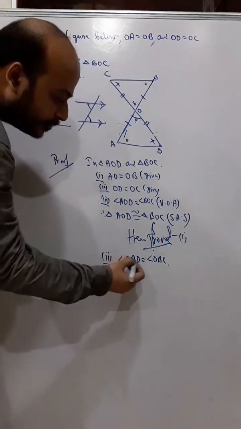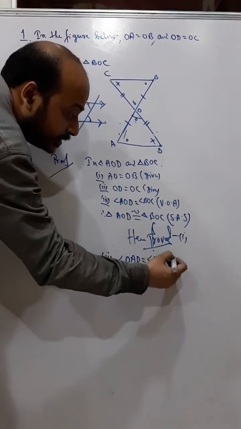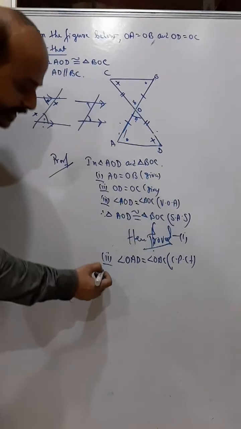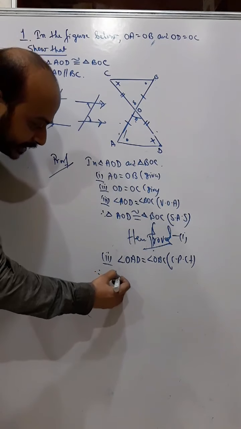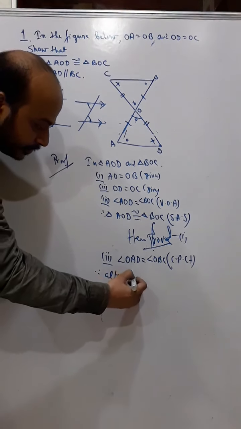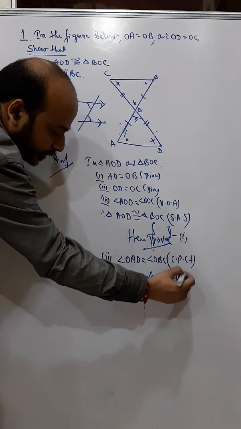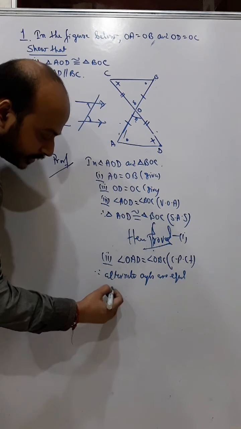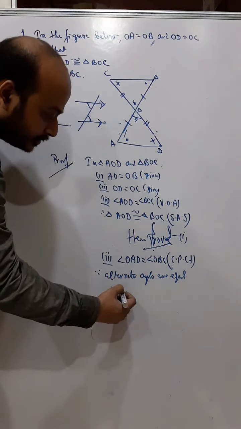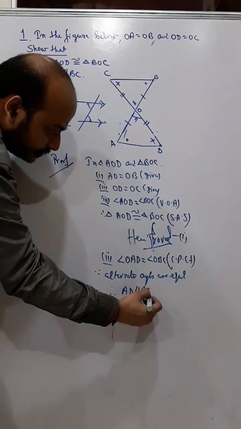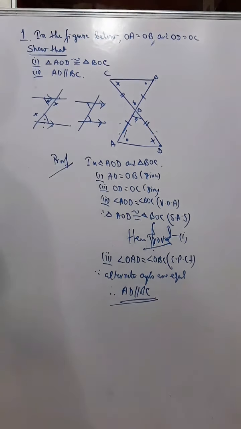Now why? We write CPCT, and then we write, since alternate angles are equal, therefore AD is parallel to BC.